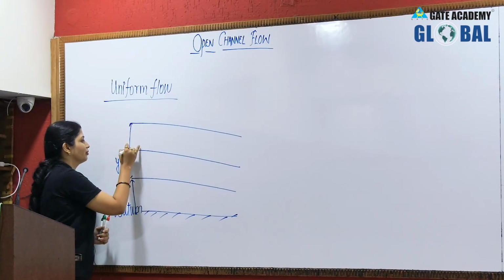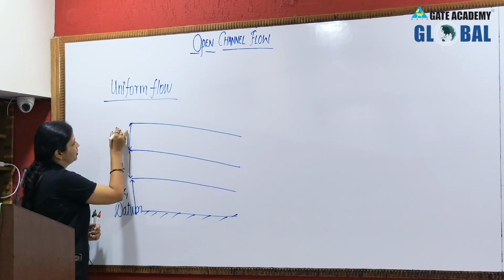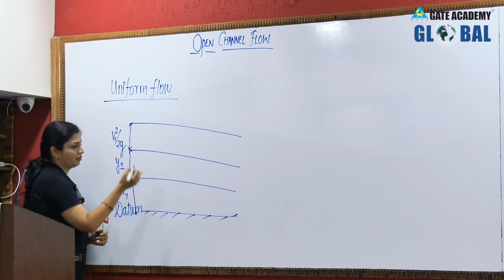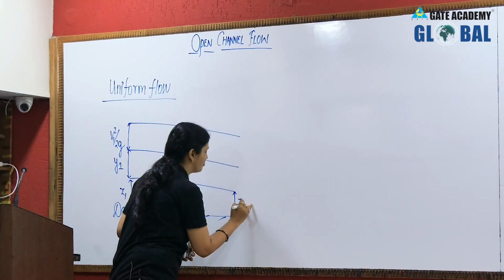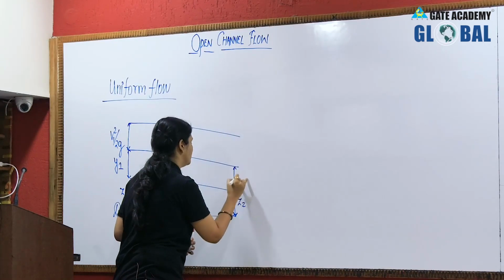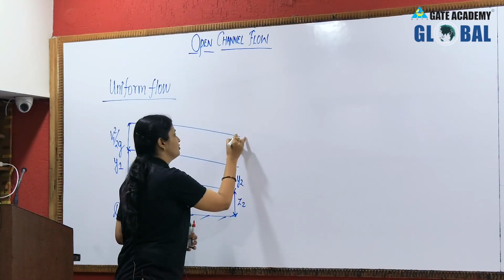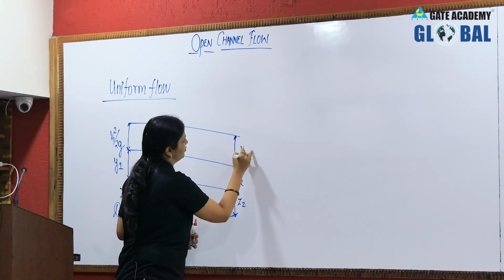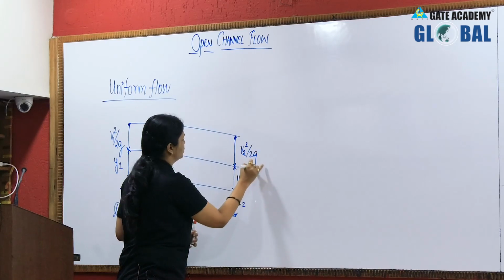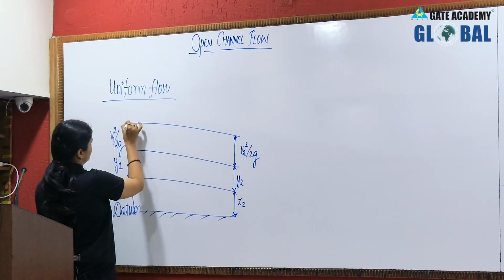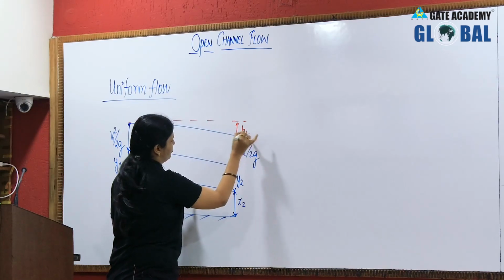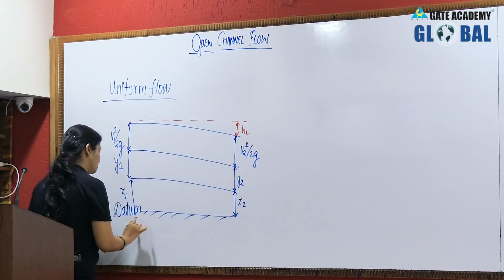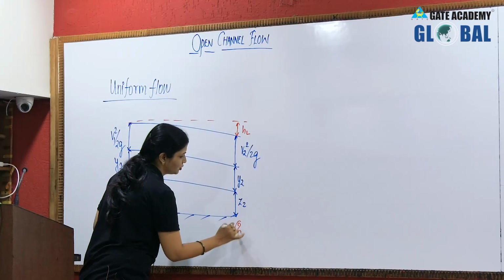So the same thing, V1 square by 2g. Similarly, at this section, you will get Z2. Here this one is Y2 and this one is V2 squared by 2g. This one is your head loss. This is section 1, this is section 2.